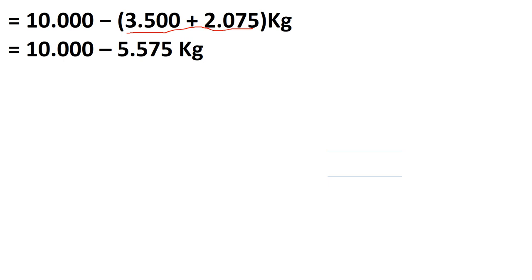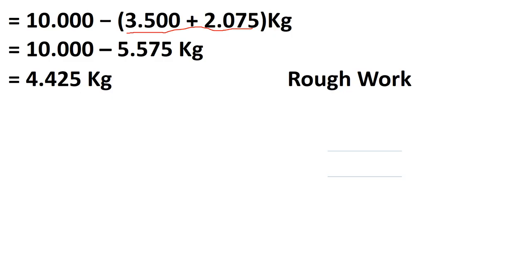So it is 10.000 minus 5.575 kilogram. When you subtract, your answer is 4.425 kilogram. Okay, now see the rough work, how I have done the subtraction. This is the total weight. This is the weight of onion plus tomatoes. And this is the weight of potatoes. Clear?